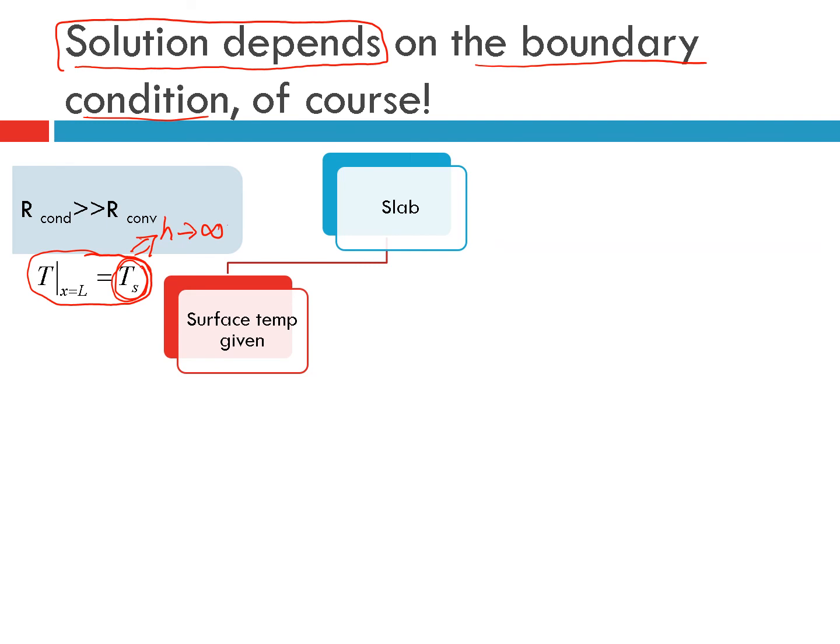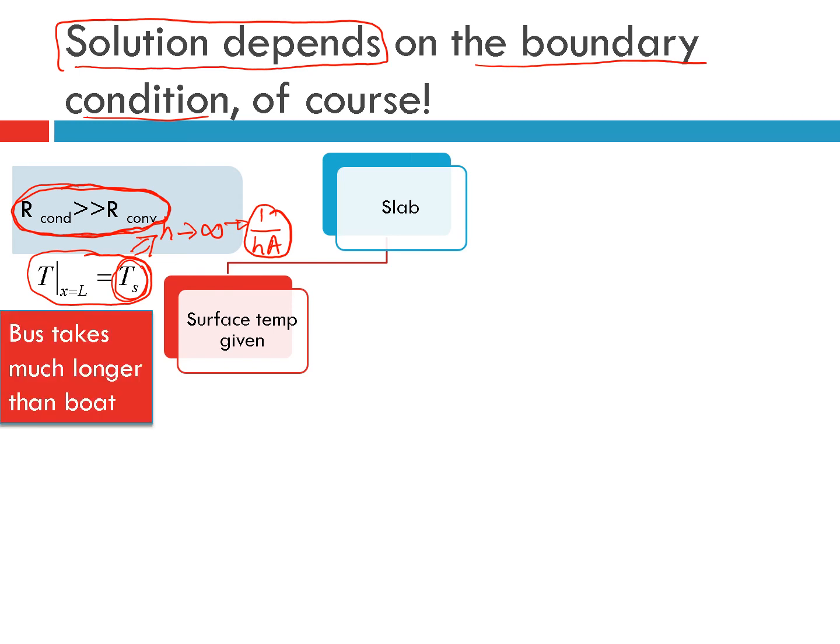If h is going to infinity, that means 1 over hA, the convective resistance, is going to 0, which means the conductive resistance is always the one dominating. And this is analogous to when the bus takes longer than the boat in transport terms.